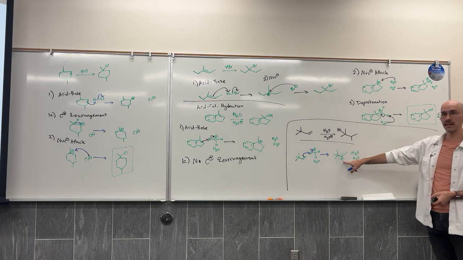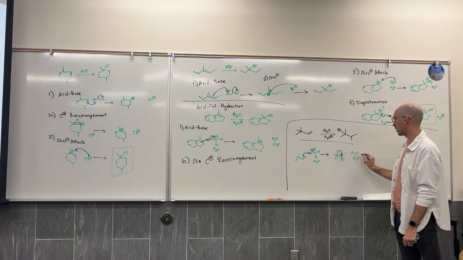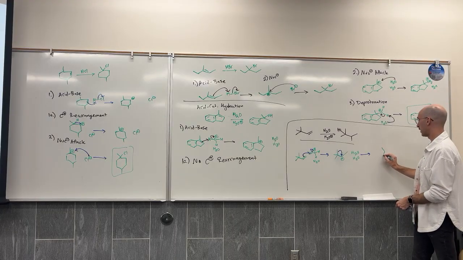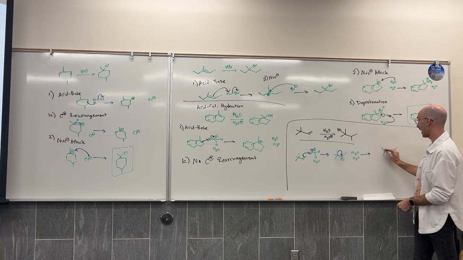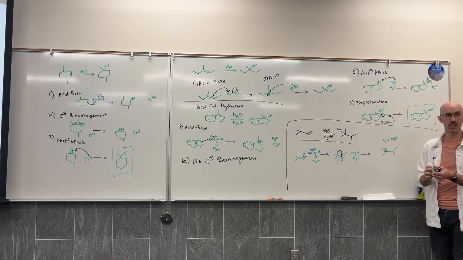It becomes protonated and forms the most stable carbocation. And then a methyl group shifts over. That's because the methyl group is the smallest thing that can shift over. There is no hydrogen to shift.